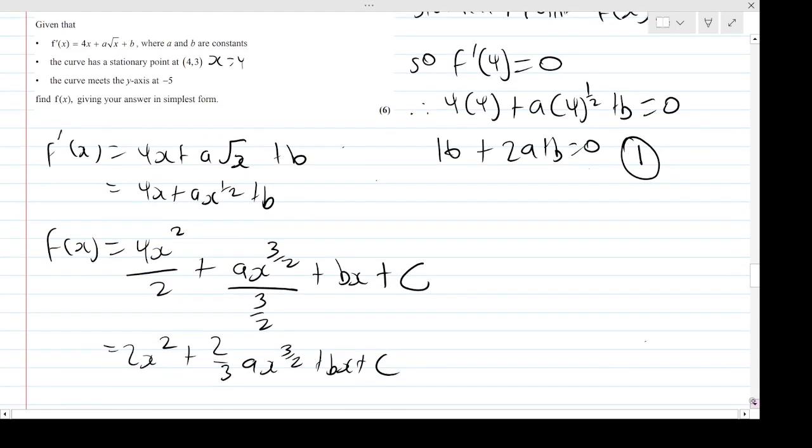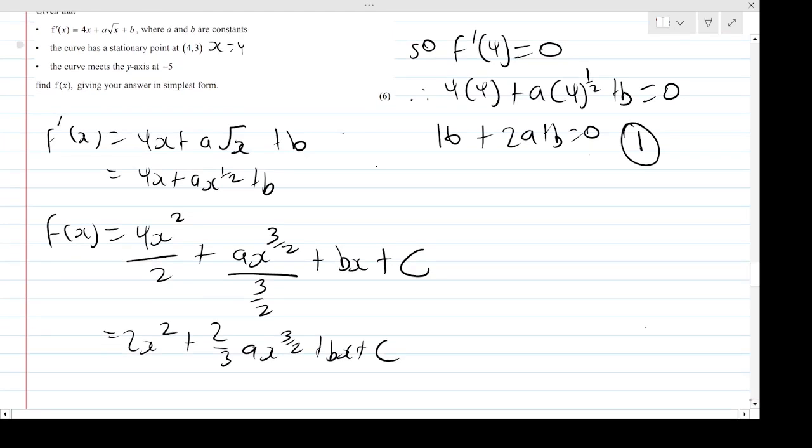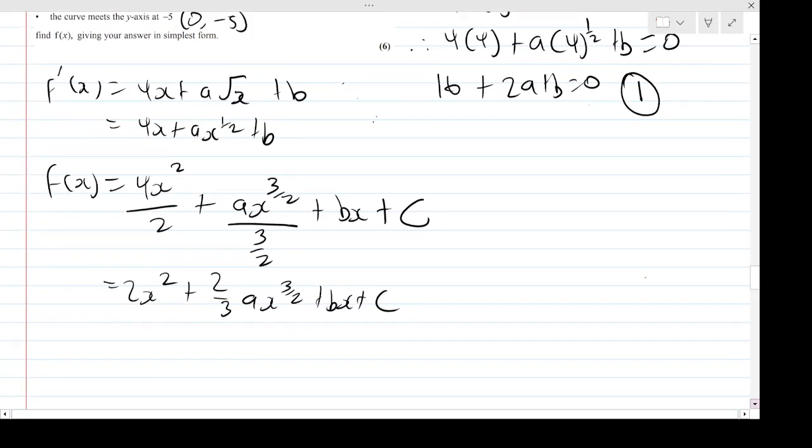The y-axis is at -5, so it looks something like this, there we are, at -5. So x is 0, and the coordinate is (0, -5). That's my y-intercept. If it meets the y-axis at -5, the coordinate is (0, -5) because x is 0.